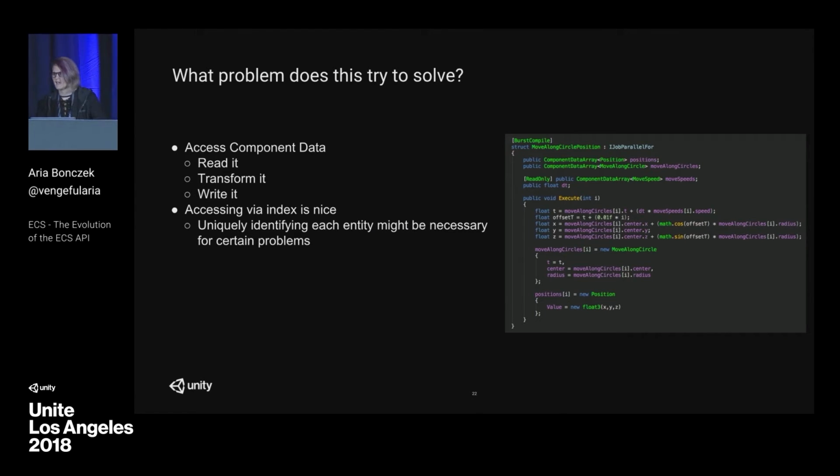So let's ask ourselves again, what problem is this actually trying to solve? Well, at the end of the day, all we really want to do is read, transform, and write back our data. But another nice thing about having this data in an array format is that we can uniquely identify each entity, and that unique identification might be necessary for certain problems.